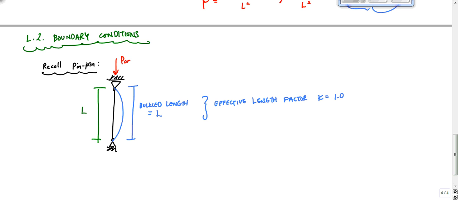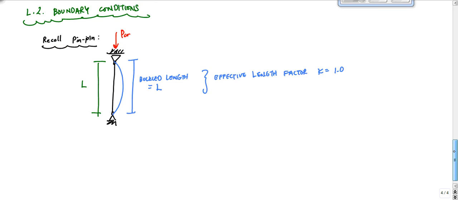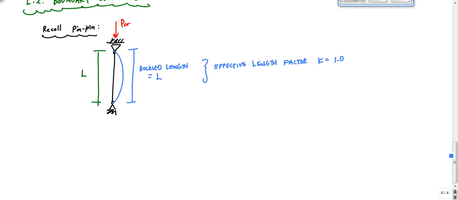Now let me show you another one, without having to derive this. Let's take for instance a fixed cantilever, like a flagpole, sticking out of the ground. So here I have a cantilever stuck in the ground right here, and I apply the critical load to this cantilever.